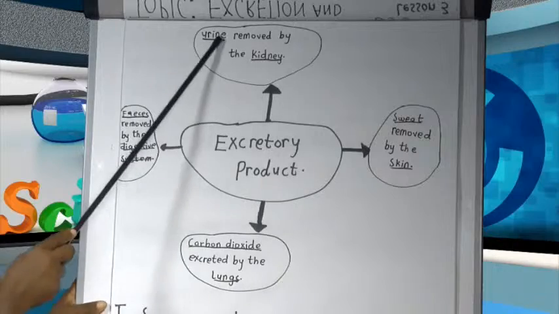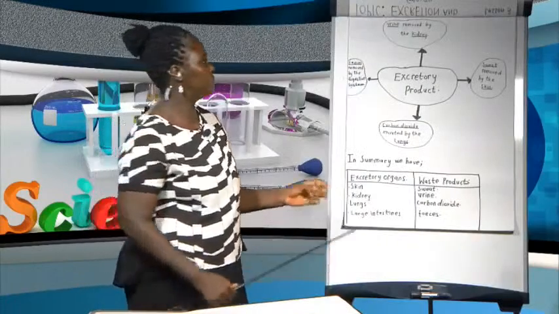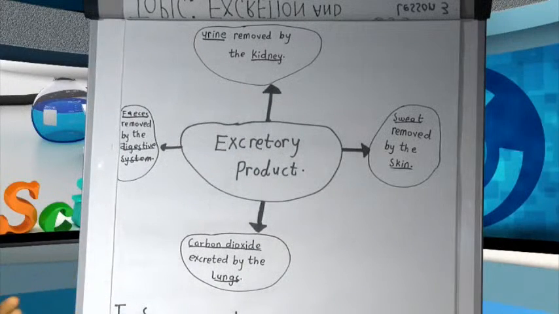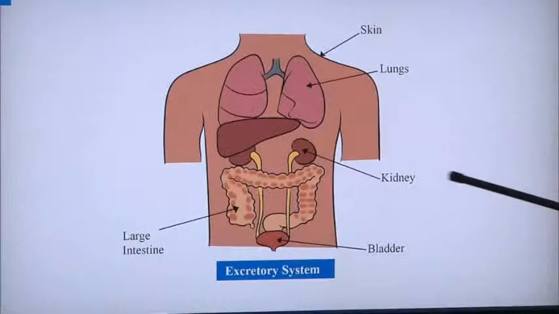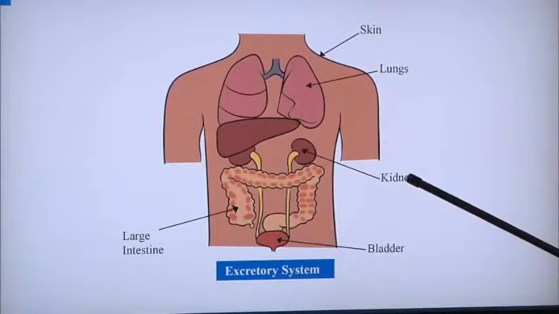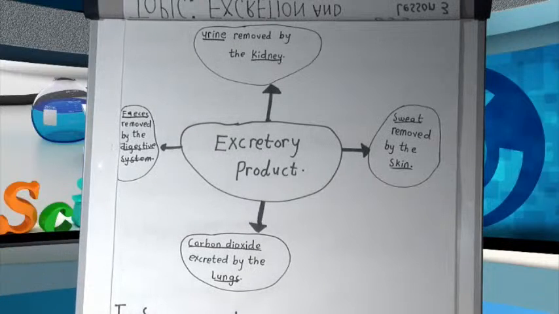The first one, let's take urine. Urine is removed by the kidney, as we saw on our screen. The kidney removes the urine from our bodies.